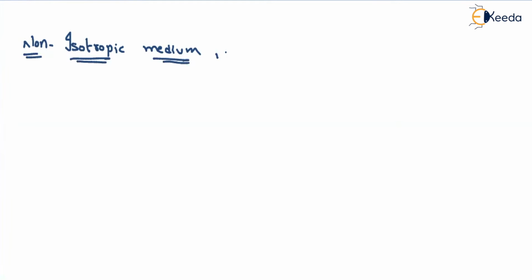As we discussed in the previous lecture, the equation that represents the non-isotropic medium is kx into ∂²h/∂x² plus ky into ∂²h/∂y², equal to 0.